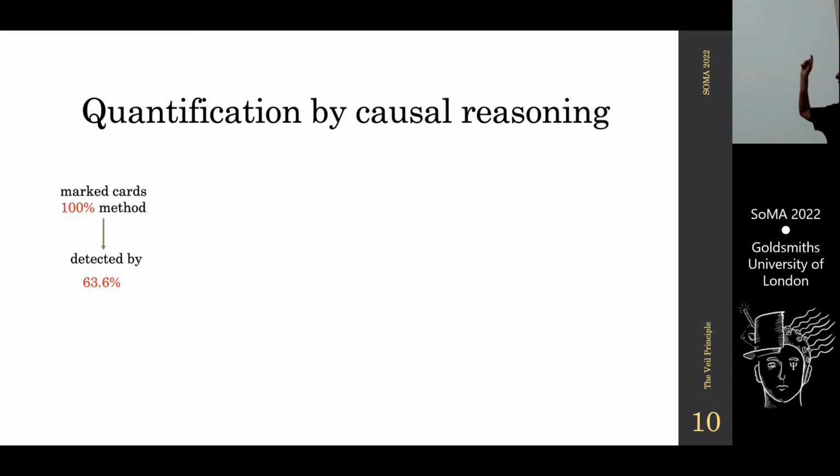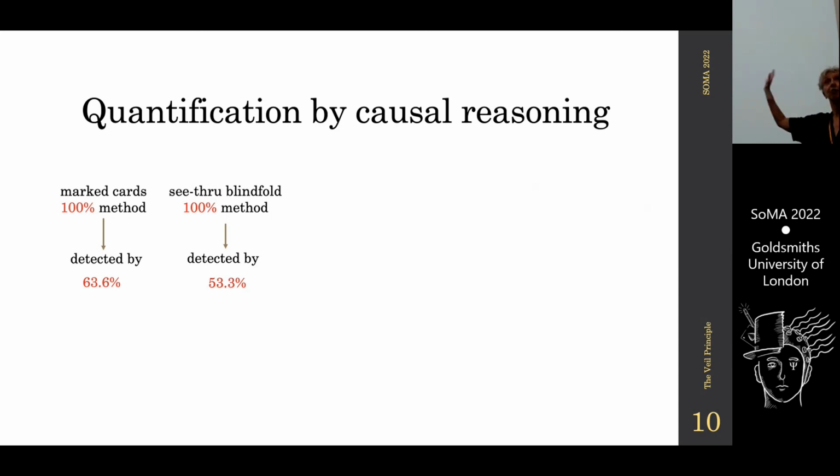So when 100% of the method was that the cards were marked, that was detected by 63.6% of the people. When 100% of the method was the blindfold, that was detected by 53.5% of people. Now we've got both of those methods contributing 50% each of the method.